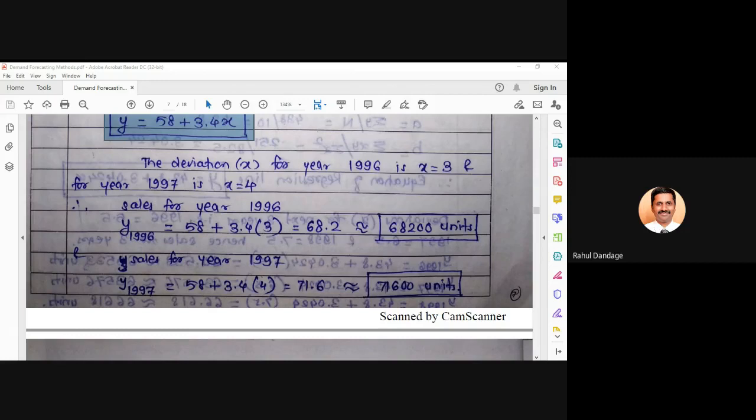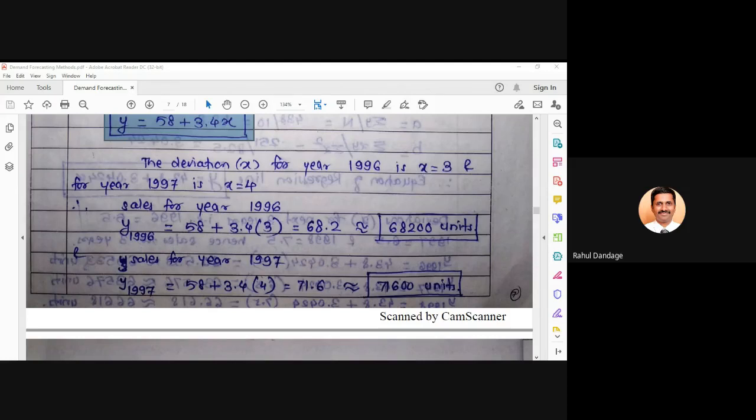This is the value we have got by calculation, but since in the problem it is mentioned that the sales are in thousands, we say the forecast for sales of year 1996 is 68,200 units.